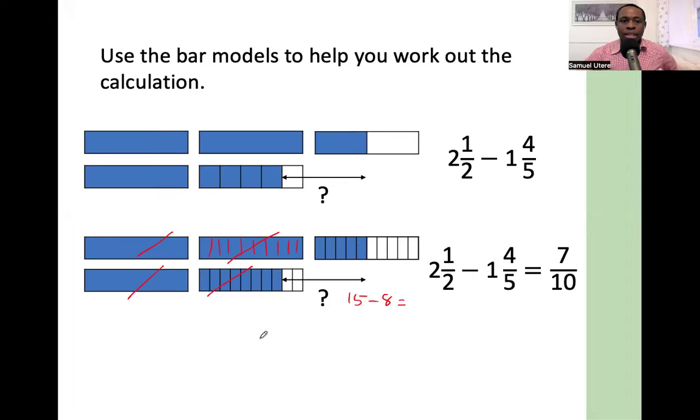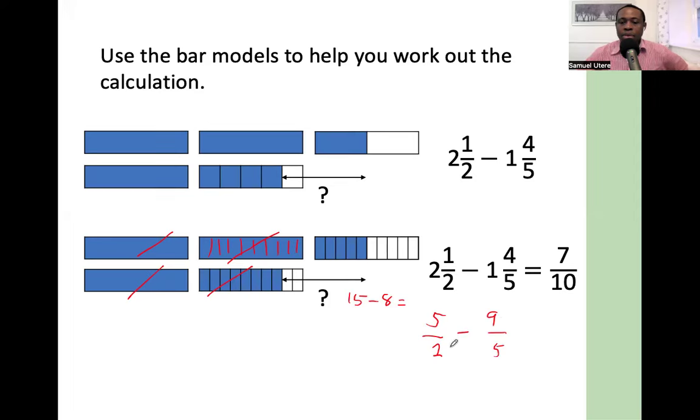Now, remember I said occasionally I would show you the other method of doing this. We could have simply converted this to a top-heavy fraction. So 2 times 2 will be 4, 4 add 1 will be 5. So that's 5/2 minus 5 times 1 is 5 plus 4, that will be 9. So that will be 9/5.